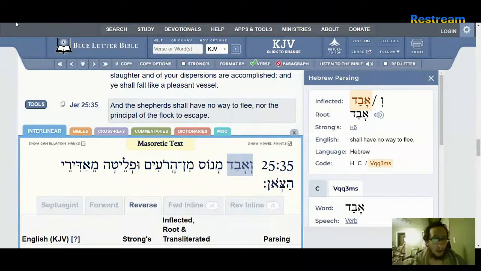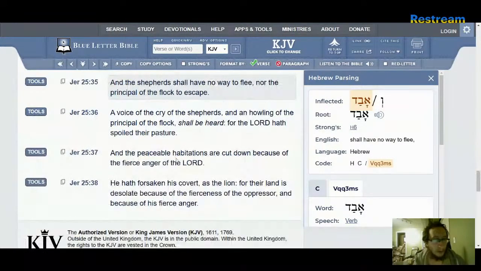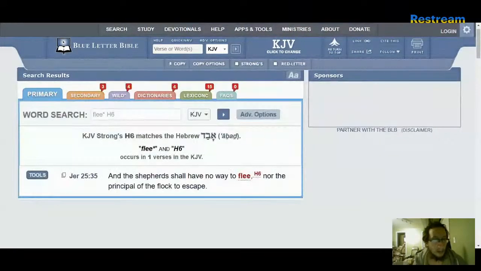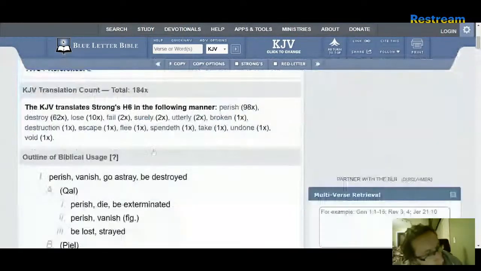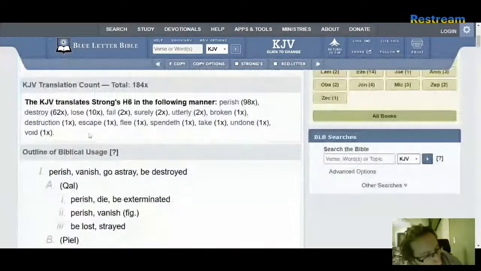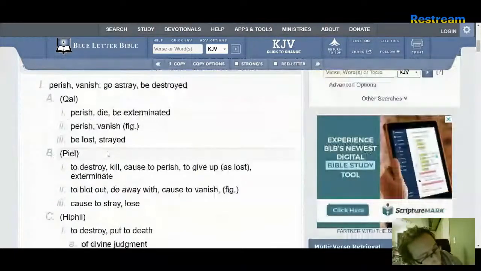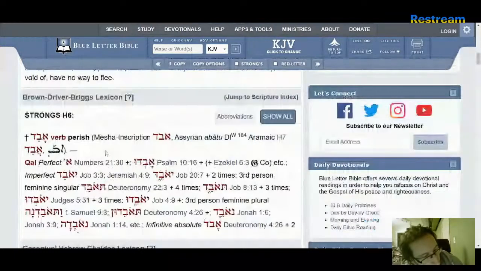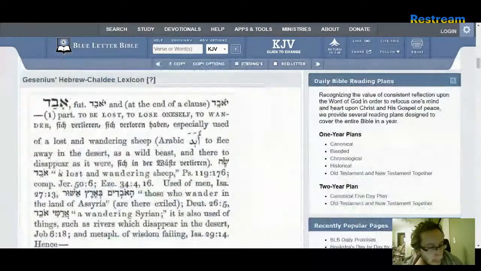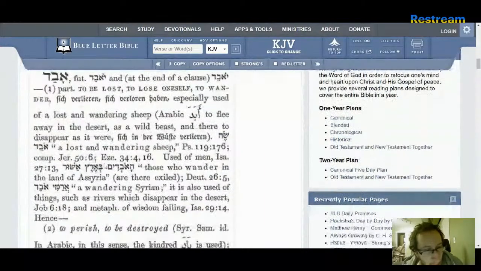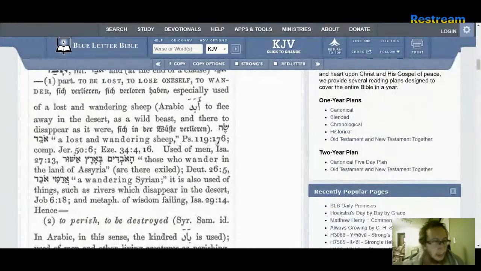But okay, hold on. So we see they translate it different ways. You wish they would translate it more literally across the board, right? Okay, so it can be used of a lost and wandering sheep. The sheep. Okay, Psalm 119:176.